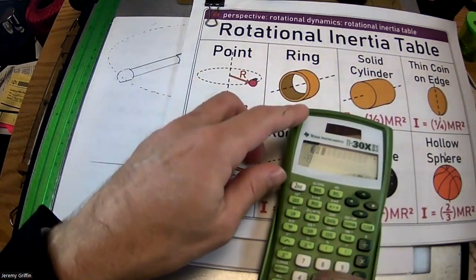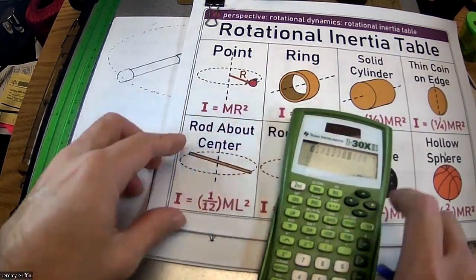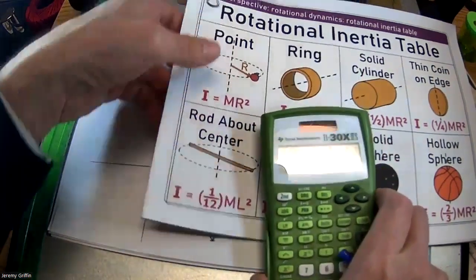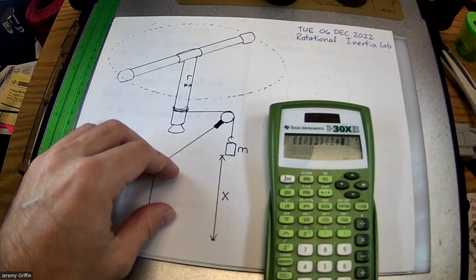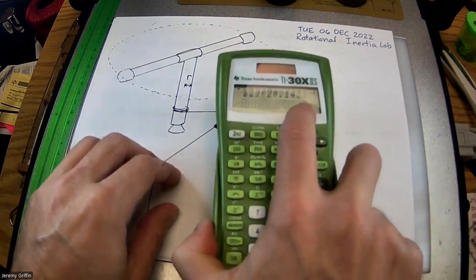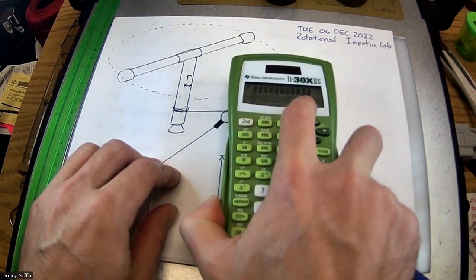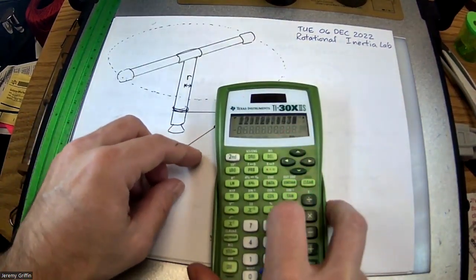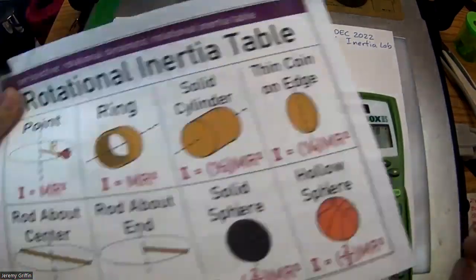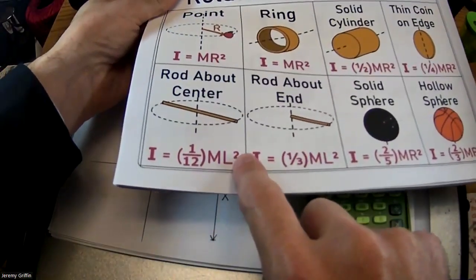So I've got 1/12 times the mass of the whole thing, which is two arms of 0.143 kilograms each, because each one was 143 grams, converted to kilograms, times the full length of the whole thing squared.